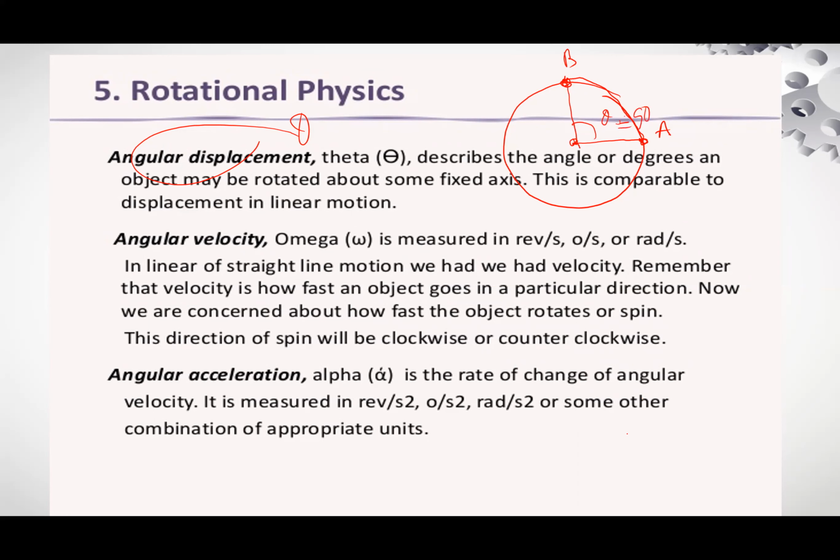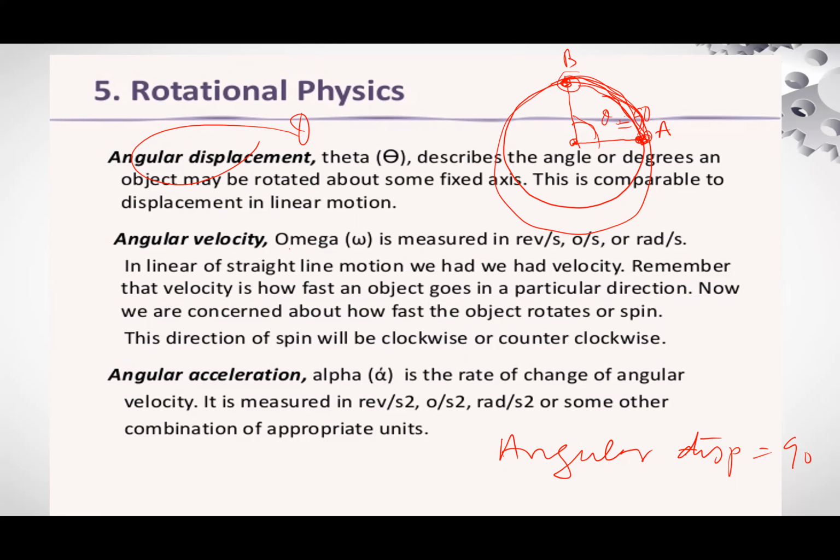So angular displacement is 90 degrees. The angle which specifies the location between 2 points in a circular path. If a body is rotating in a circular path and you use the angle to specify the position, then that angle is called angular displacement.